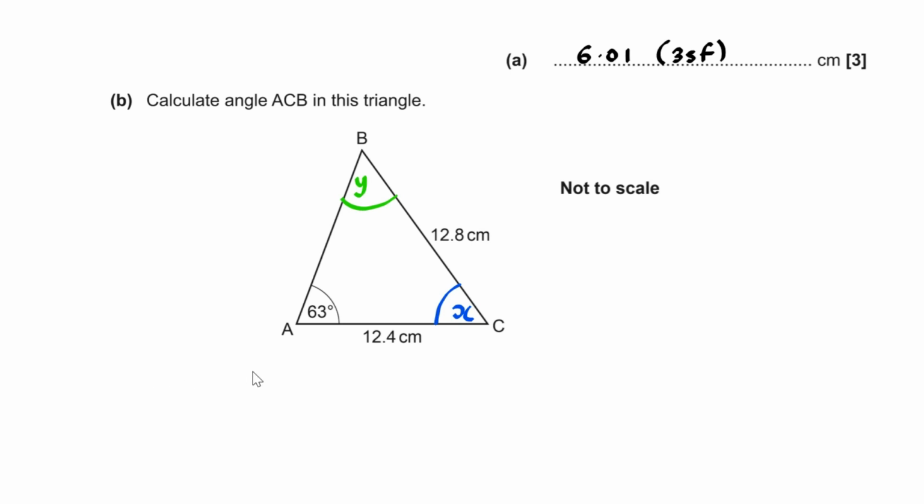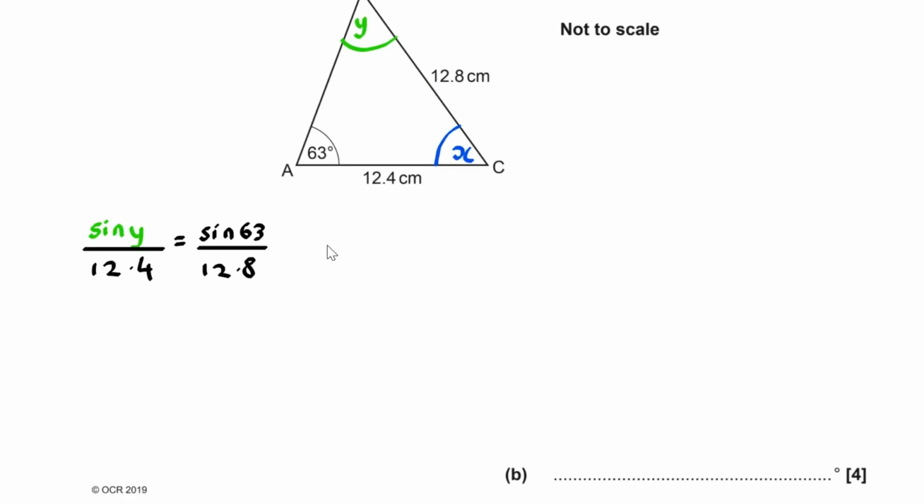So we've got here the sine of y over the 12.4 equaling the sine of 63 over 12.8. So therefore, sine of y is equal to 12.4 times by the sine of 63 divided by 12.8.